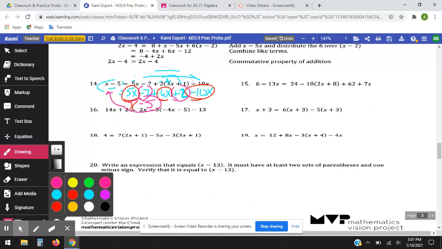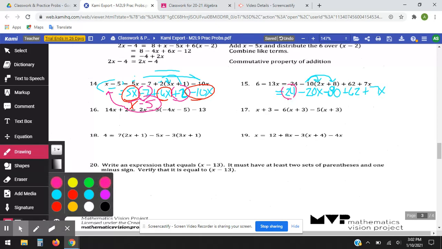I'll do one more. Over here, let's do equals 24 minus 10 times 2 is 20x minus 10 times 8 is 80 plus 62 plus 7x. All right, let's start with the number.